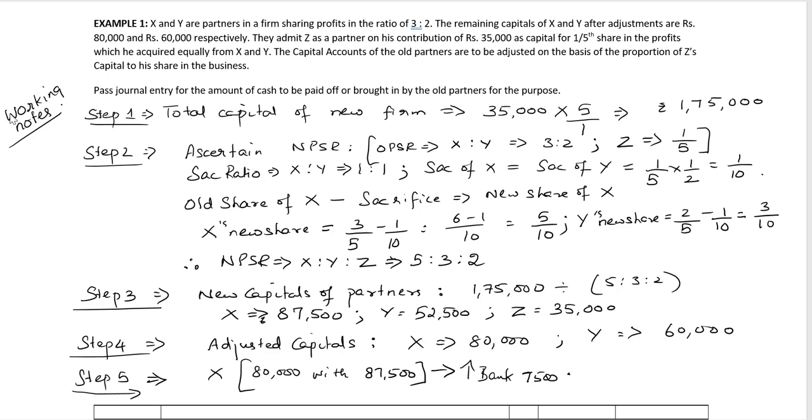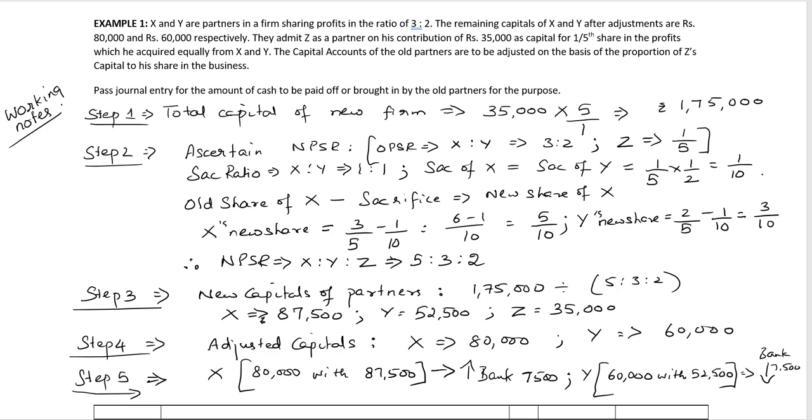And in the case of Y, adjusted capital 60,000 with the new capital, which is 52,500. We find that Y needs to withdraw cash of 7,500.